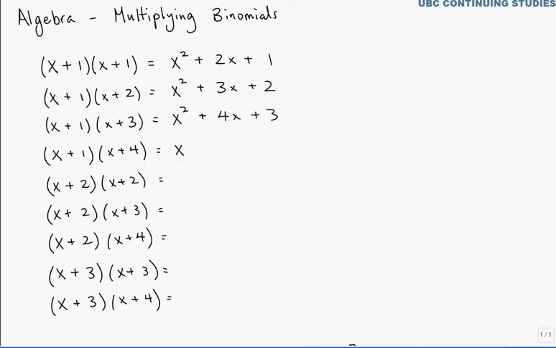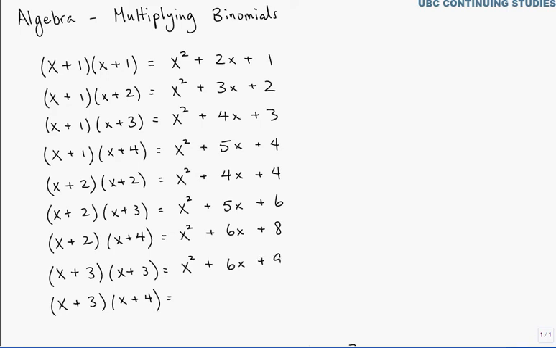Now remember, we're trying to find a pattern here, so as this develops, see if you can spot the pattern. X plus 1 times x plus 4 is x squared plus 5x plus 4. X plus 2 times x plus 2 is x squared plus 4x plus 4. X plus 2 times x plus 3 is x squared plus 5x plus 6. X plus 2 times x plus 4 is x squared plus 6x plus 8. Okay, moving on to a slightly different first binomial, x plus 3 times x plus 3, we have x squared plus 6x plus 9.